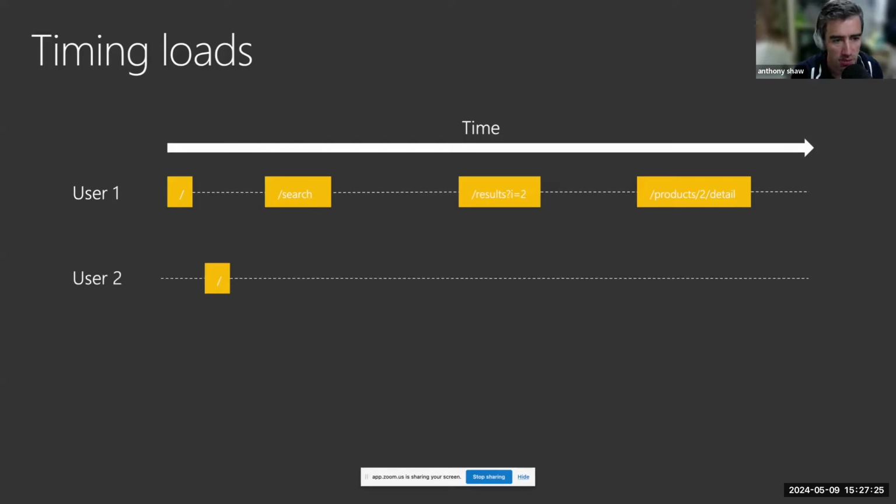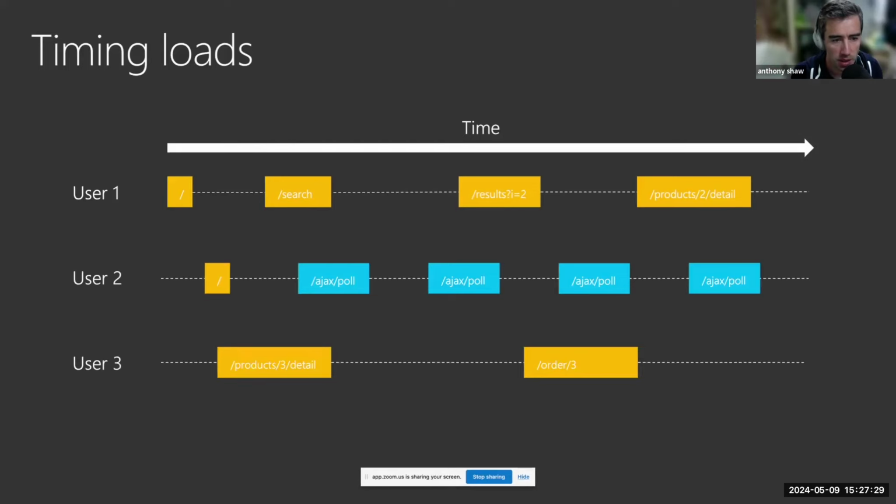A second user might do something different. And then the third user might do something completely different as well. So when you're creating load tests, you want to try and randomize the time and the separation of the tasks as much as possible.